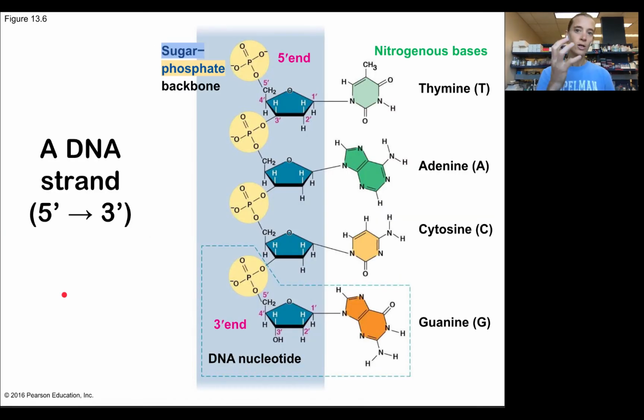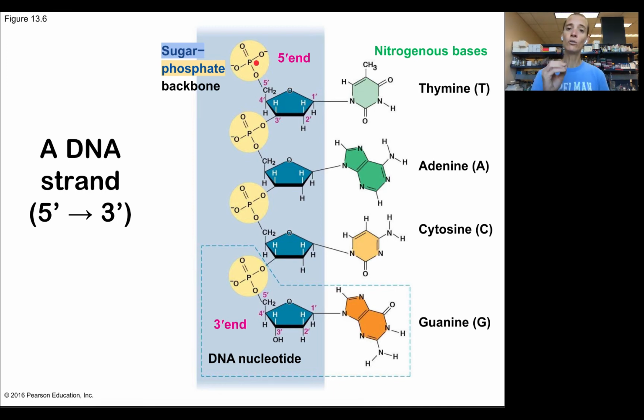Okay, so we talked about a nucleotide. Now we're going to start talking about how this nucleotide is the building block of the double-stranded DNA. So a strand of DNA, I will always talk of a strand of DNA from 5' to 3', okay? And again, we've mentioned that the 5' is the carbon that is covalently bound to the phosphate.